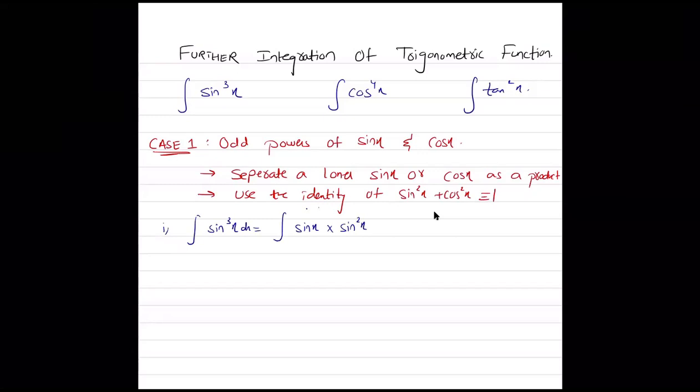Then I can replace sine square x with the identity. What can I replace sine square x with if I use the identity? 1 minus cos square x. 1 minus cos square x. Right.